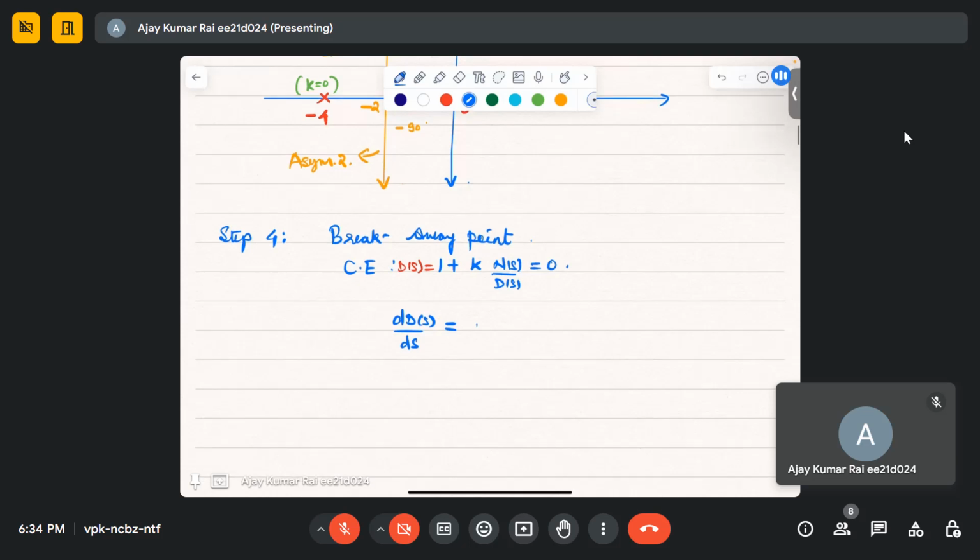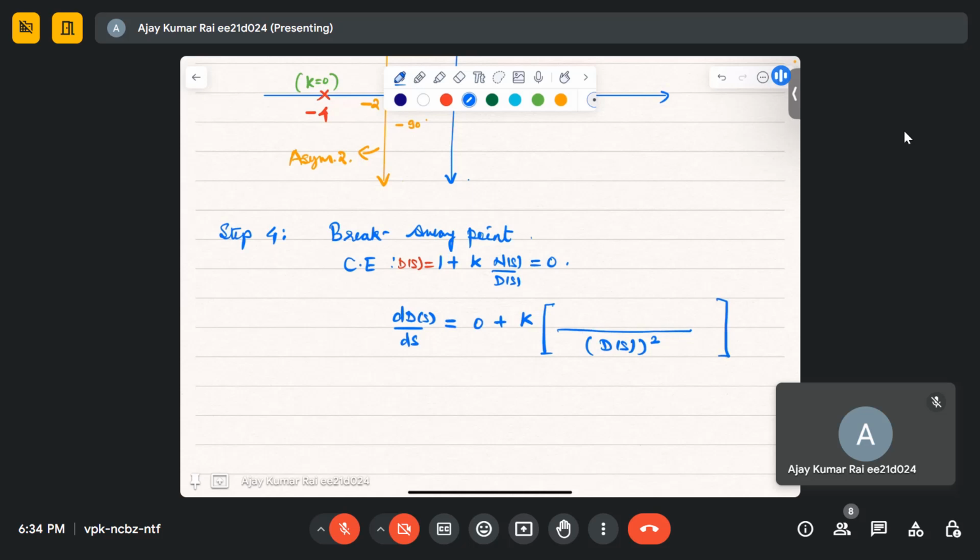So you'll get 0 plus k, and I'm going through the proper steps. It's very simple: D(s) squared, then the differentiation of N(s) times D(s), minus N(s) into the differentiation of D(s), equal to 0.